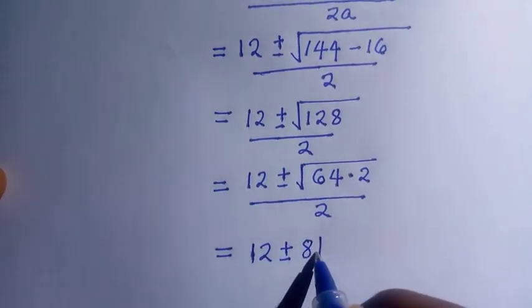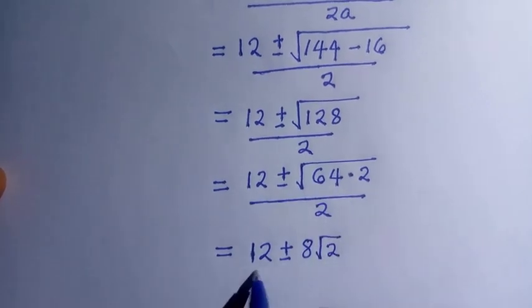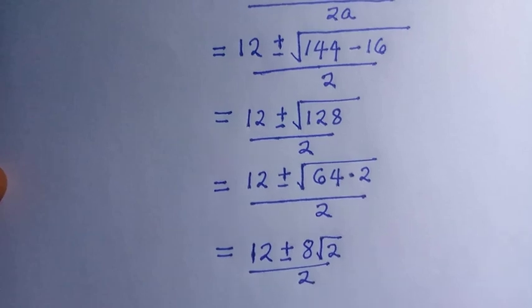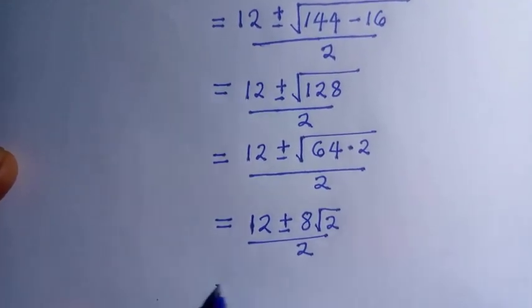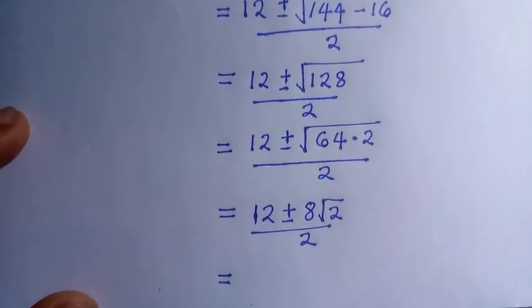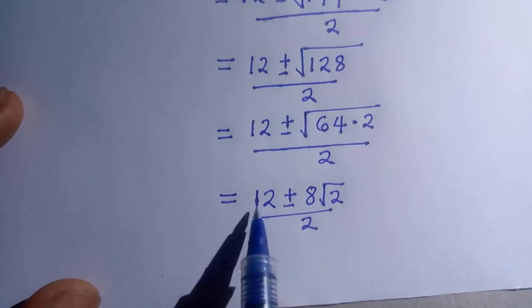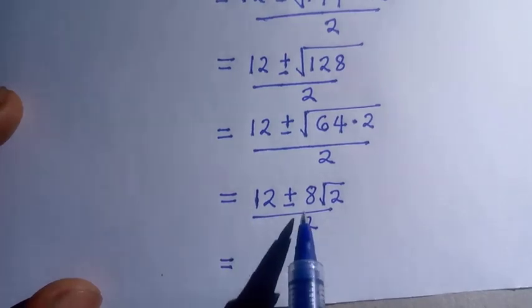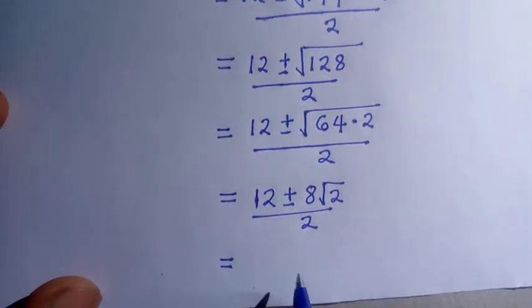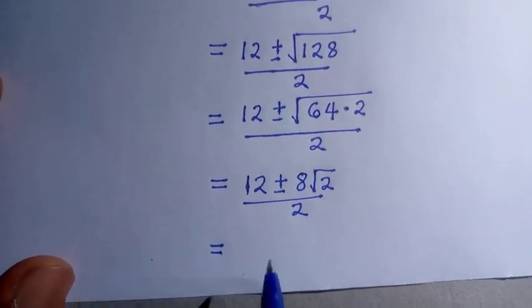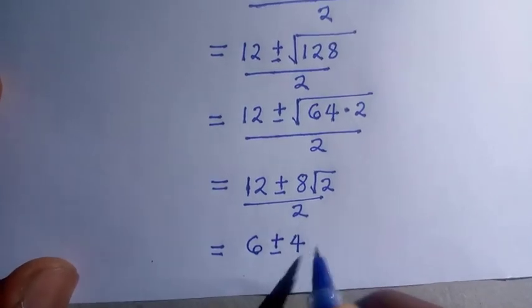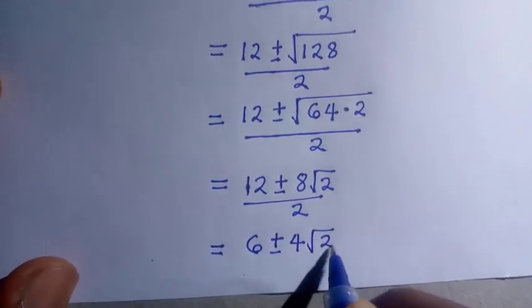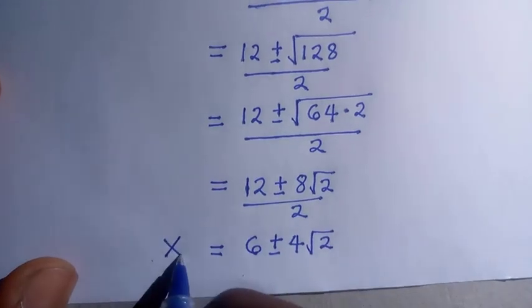We leave the rest in root 2, divided by 2. Again, by factoring out 2 here and dividing this one by 2, and also factoring out 2 here and dividing it by 2, the whole of this becomes 6 plus or minus 4 root 2. And these are the values of x.